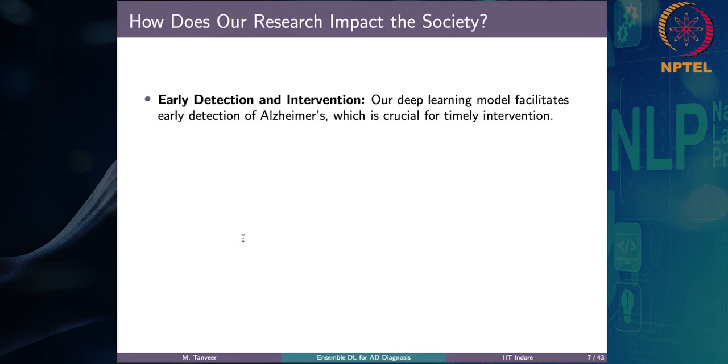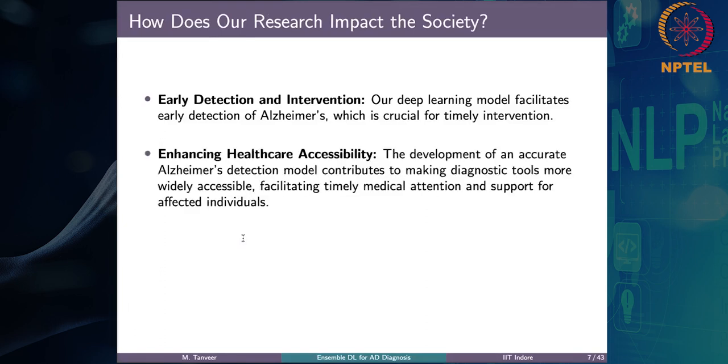I would discuss a few points on how this research impacts society. First is early detection and intervention. Our deep learning model facilitates early detection of Alzheimer's, which is crucial for timely intervention and enhancing healthcare accessibility.